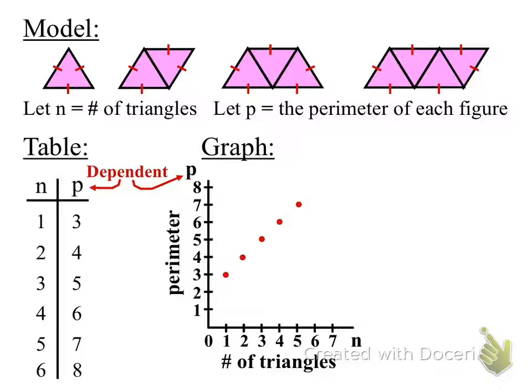4 triangles. Tell me, is this discrete or continuous? Continuous. McKenna, thoughts? It'd be discrete because there's not really a half triangle. Right. You take one side away, it's no longer a triangle. So it is discrete.